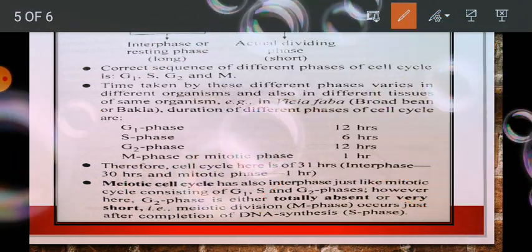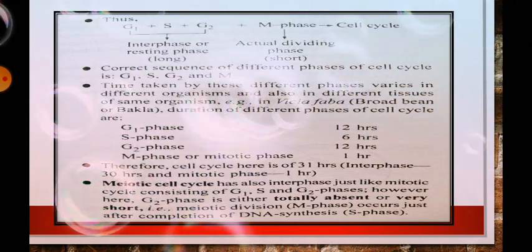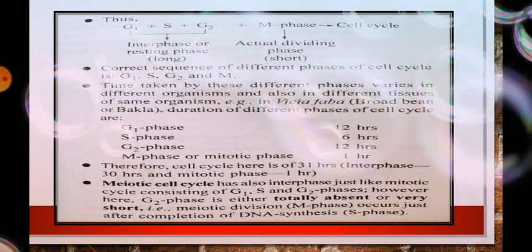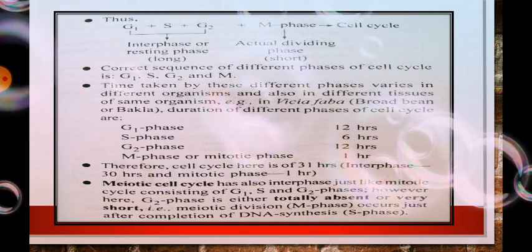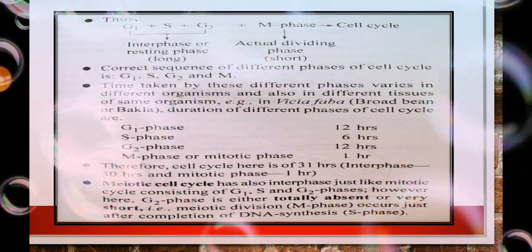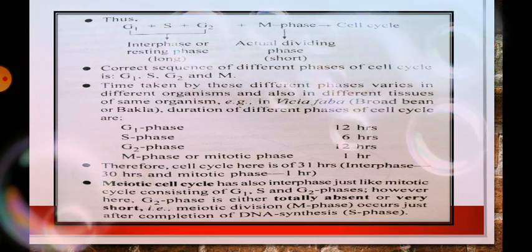Here you can see G1, S and G2; this is the interphase, or the resting phase. It is the preparatory phase, where DNA synthesis and the synthesis of different proteins, cytoplasm and mitochondria, all the things that are required, occur in the interphase stage.